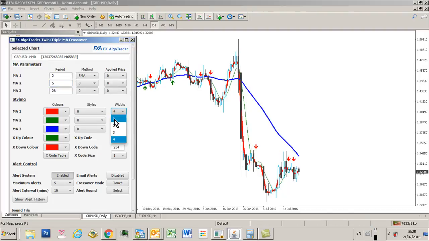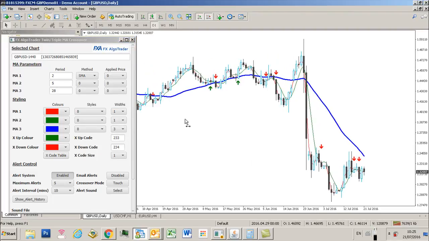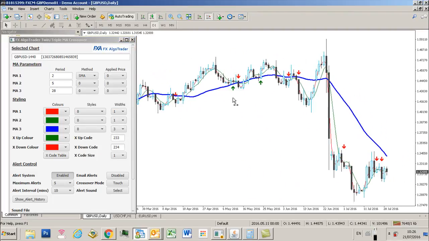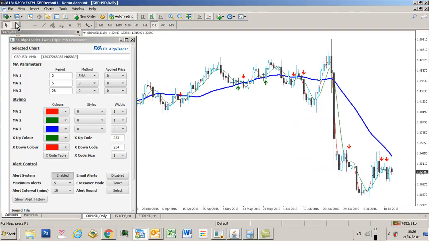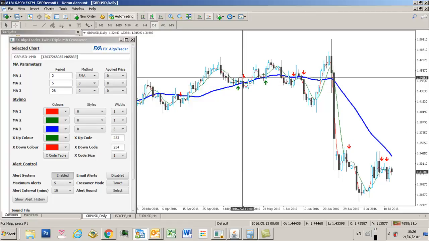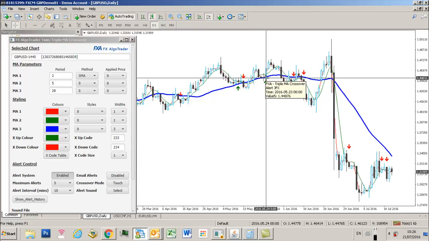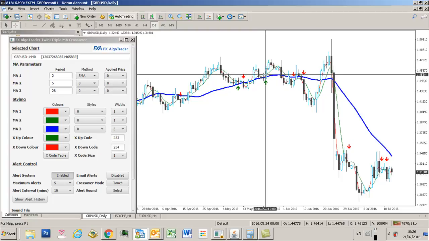Let's change the widths a bit, to make this a little easier to see. Not so good, I'd say. I don't like the look of that, really. It's taking us into some choppy trades here. These do work, in fact, they work better than I anticipated. That long signal there.